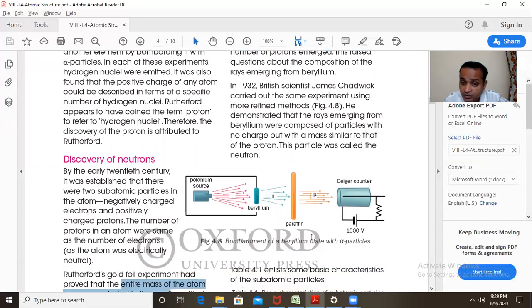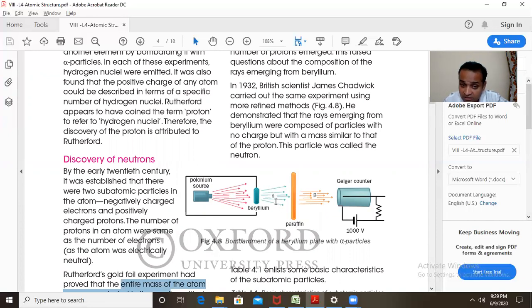See, friends, when this beryllium is giving out some particles, we do not know which particles these are, but when bombarded on paraffin, they give out protons. So let us see the nature of these particles given out by beryllium.